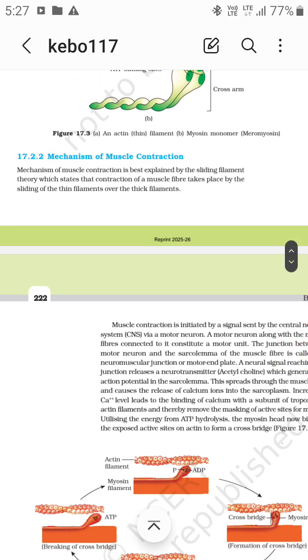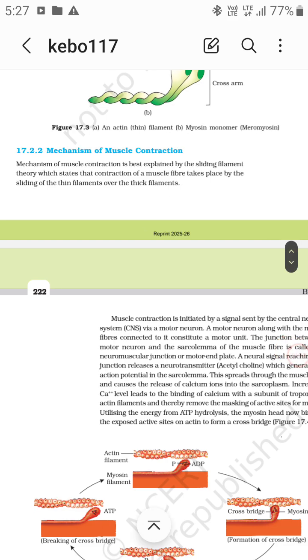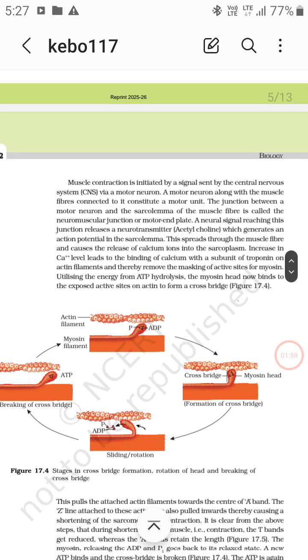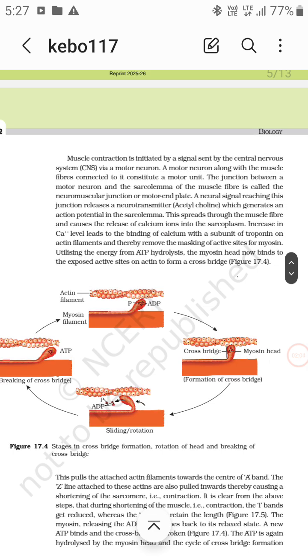Mechanism of muscle contraction. The mechanism of muscle contraction is best explained by the sliding filament theory, which states that the contraction of a muscle fiber takes place by the sliding of the thin filaments, that is actin, over the thick filaments. Muscle contraction is initiated by a signal sent by the nervous system, CNS, via a motor neuron.